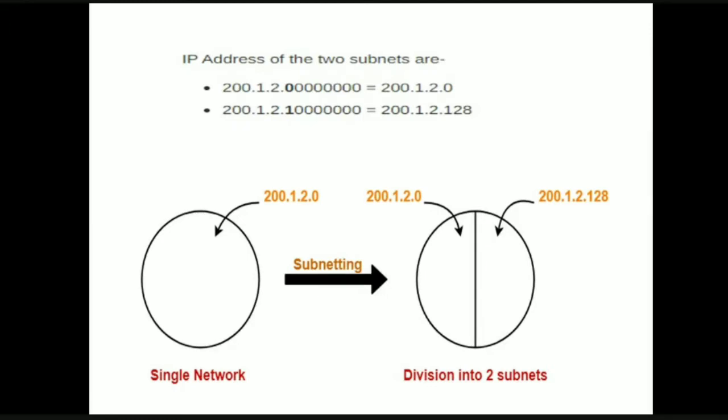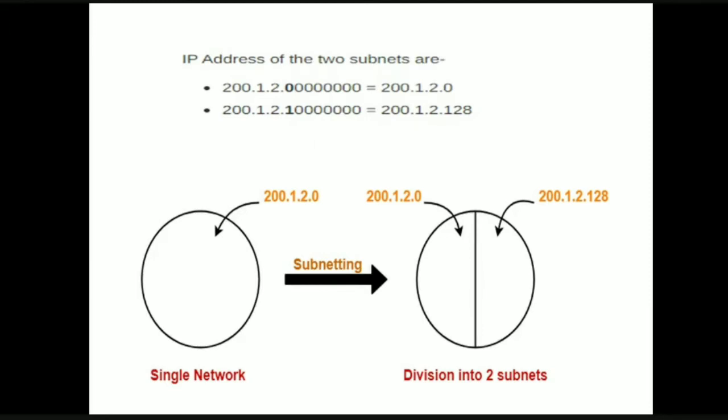What is the IP address of the original single network? 200.1.2.0. When we are doing subnetting, we borrow some bits from the host ID part. What is the host ID part in 200.1.2.0? Because it is a class C IP address, the host ID part is only the last 8 bits.